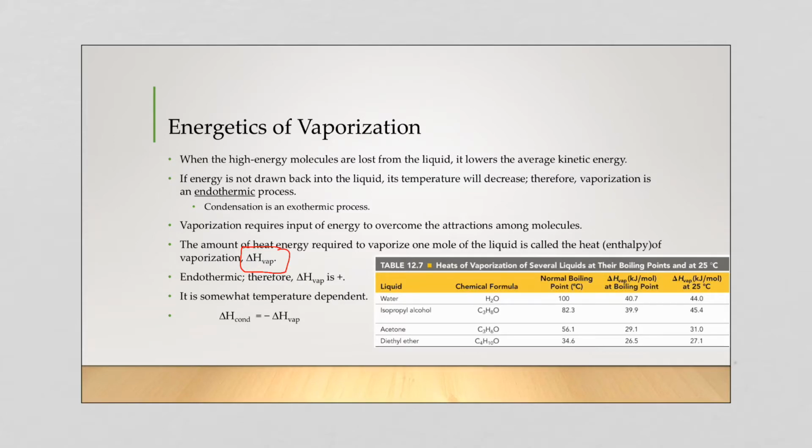If we look, for example, at water, we can see that at room temperature, it's a little bit higher than it is at 100 degrees, the boiling point for water. And this is pretty standard. It's going to take less energy if you're already at a higher temperature to vaporize it.